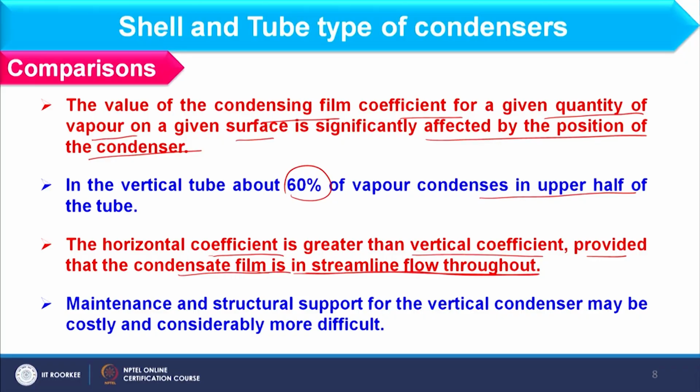And further we consider that maintenance and structural support for a vertical condenser may be costly and considerably more difficult. Okay. As far as maintenance and support are concerned, we can handle them properly in a horizontal condenser instead of a vertical one, because a vertical condenser needs a special type of support.